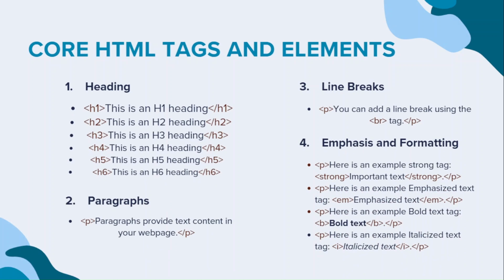This tag defines emphasized text that displays in italics. b. This tag defines bold text. And the last one, i. This tag defines italicized text. Remember, these are just a few of the many HTML tags available. As we progress through this series, we'll delve into more complex elements and their applications.